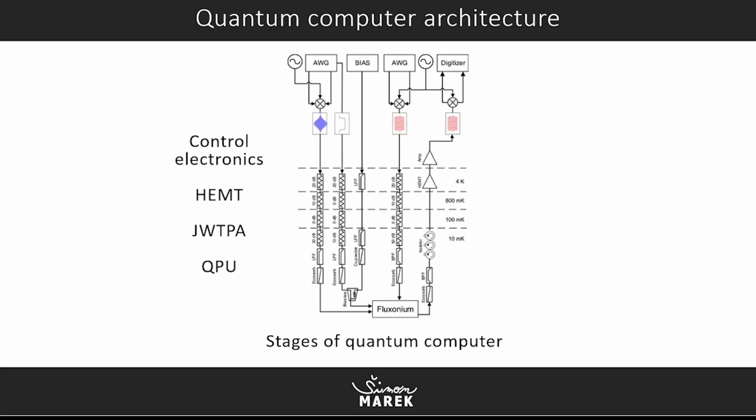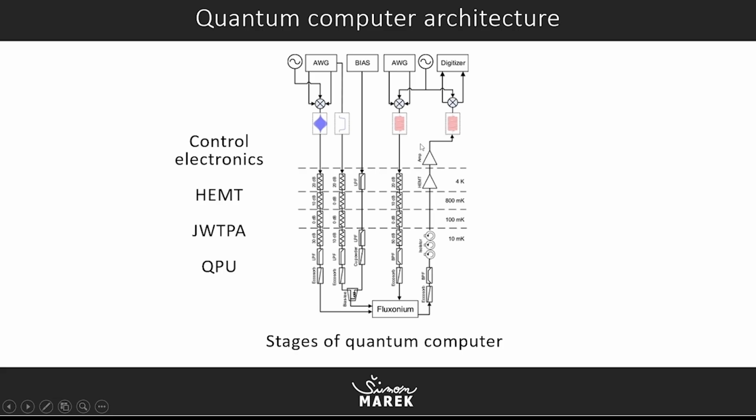So here's our quantum computer architecture. Previously, we looked at designing cryo stuff, which sits here from 10 millikelvin to 4 Kelvin. So you have your cryo stuff here. And now you can see that there is also one additional amplifier which sits at room temperature.